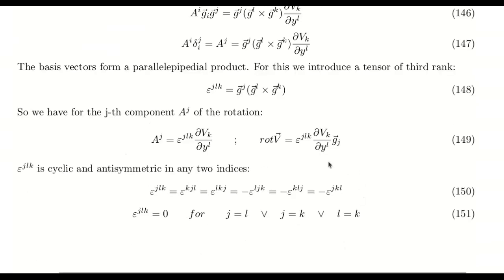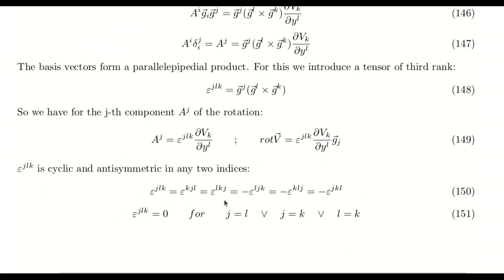This epsilon tensor is a cyclical one. That means if we rotate the indices j, l, k in this way, the value remains the same. Epsilon j, l, k is the same as k, j, l or l, k, j.